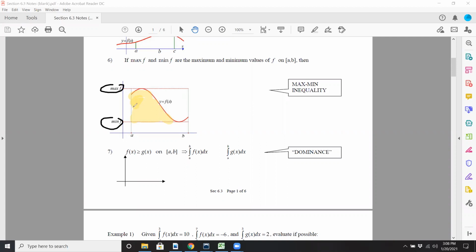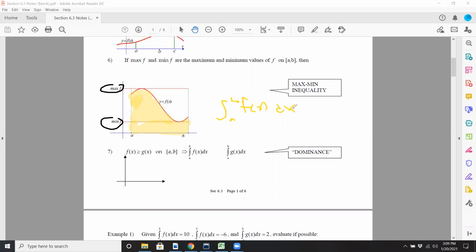Oh, by the way, sorry, I need to shade more. Gotta shade this as well. So the yellow region, and actually I'll keep in yellow for color coding, the yellow region is from A to B of f of x dx.